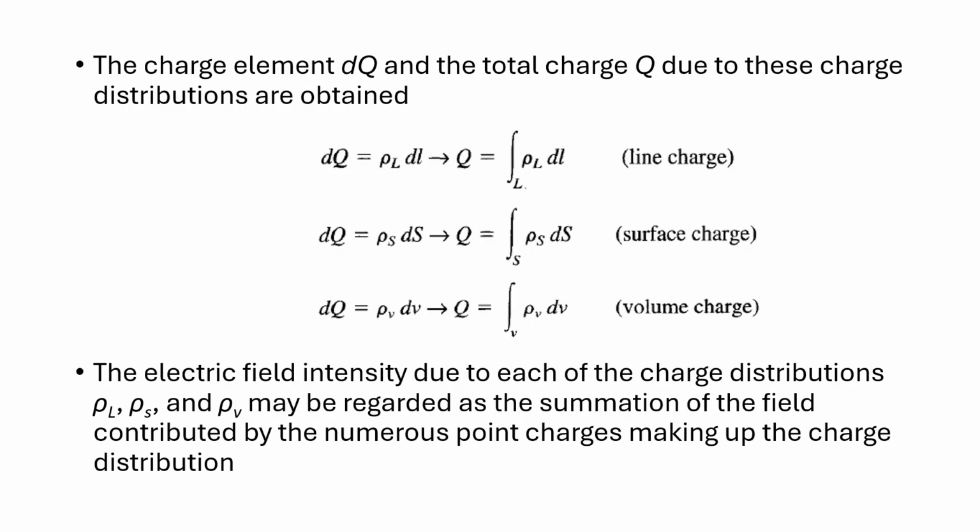Charge element and the total charge due to this charge distribution: if you want to find the charge element, we use the formulation charge density times the line element, equal to the distribution of charge density over the line.